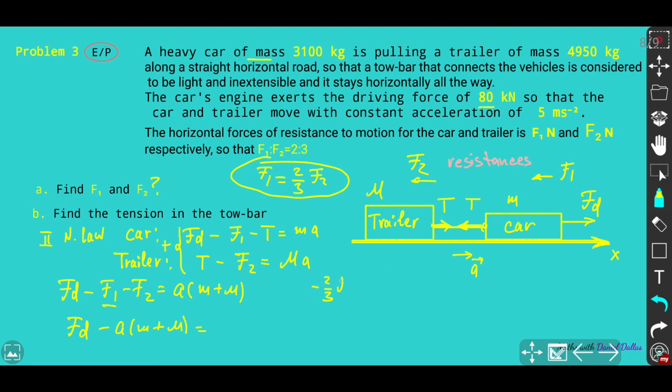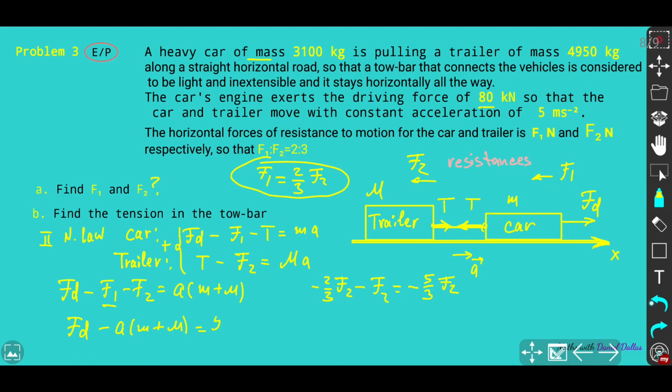If we combine them, we get negative 5/3 F2. Once we transfer to the right side, this becomes positive, so it's simply 5/3 F2 here.